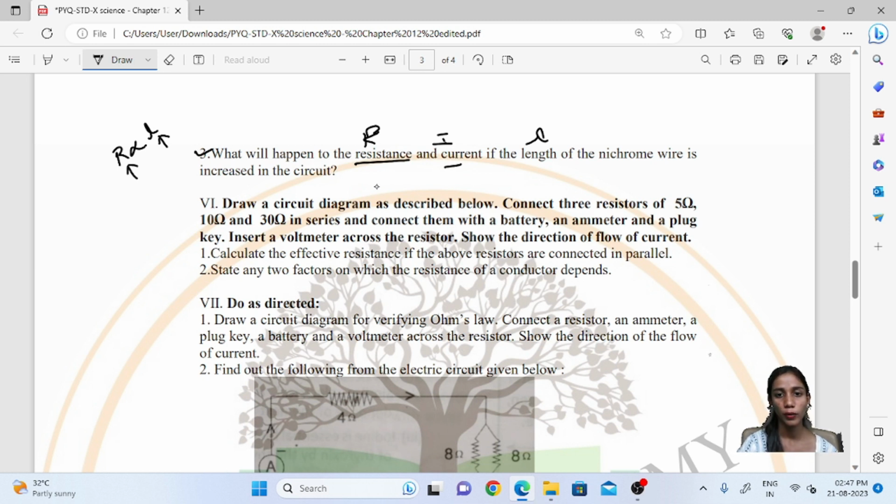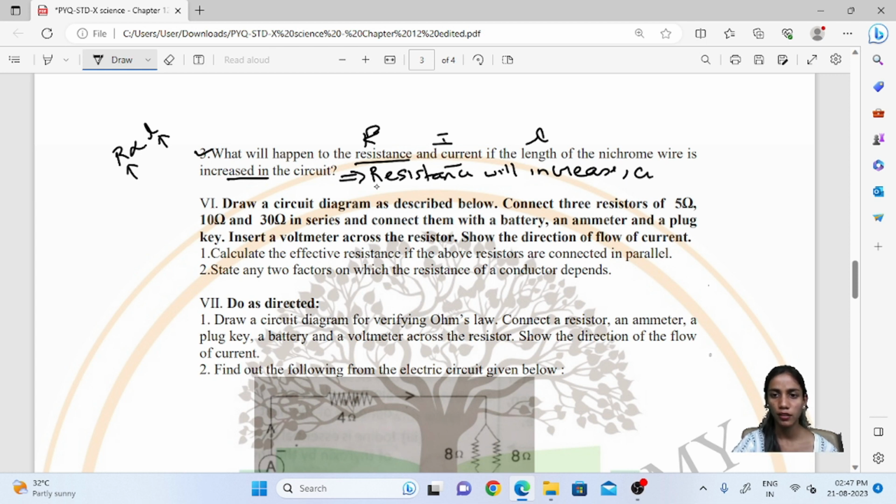So here, they have increased the length of the wire, so obviously the resistance will increase. Now what will happen to the current?